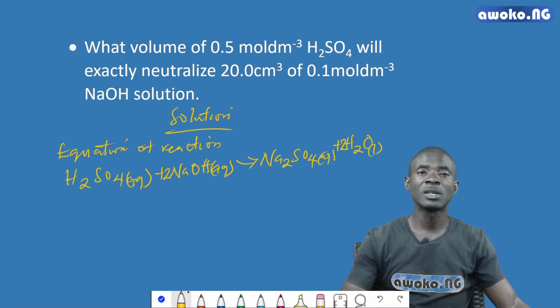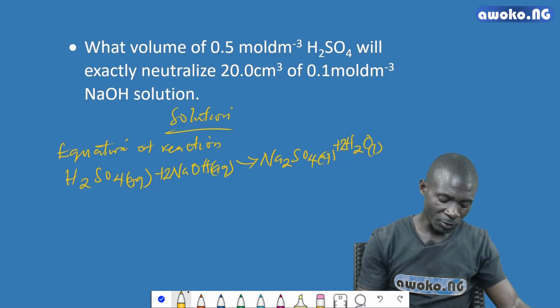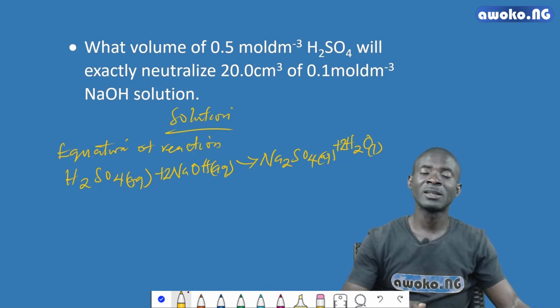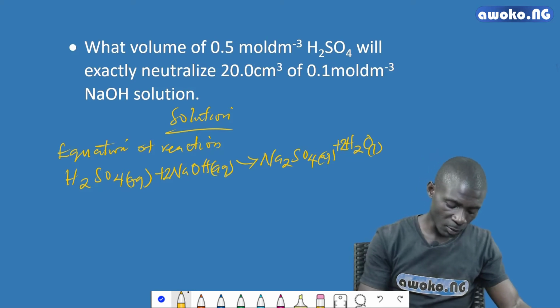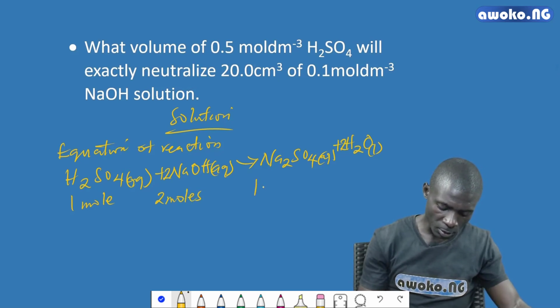So having gotten the actual number of moles of both the reactants and the products, we can now identify our number of moles for acid and base. Here we have 1 mole of acid and 2 moles of base to give us 1 mole of salt and 2 moles of water.